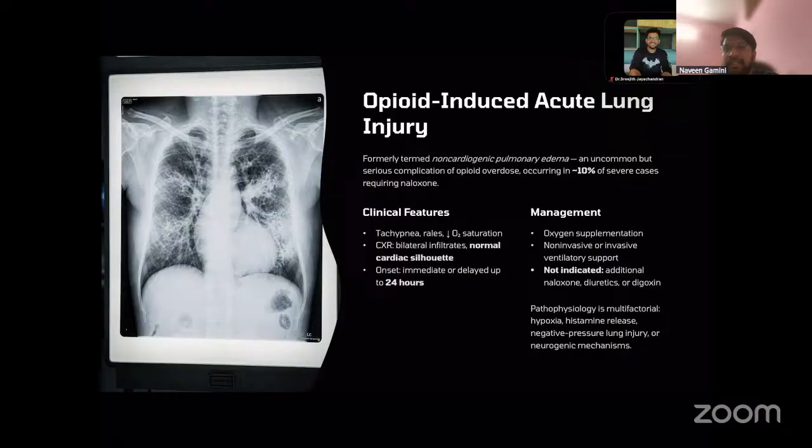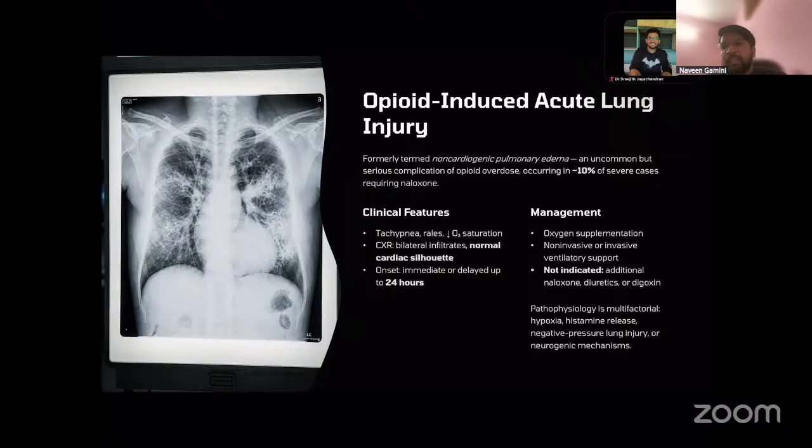On a typical chest X-ray, you'll have bilateral infiltrates, but more importantly, a normal cardiac silhouette. This normal cardiac silhouette indicates it is probably a non-cardiogenic cause. And further, you can do ultrasound, with various focused findings to be seen. Next, what about the onset? The acute lung injury onset will usually be immediate or it can be delayed up to 24 hours.